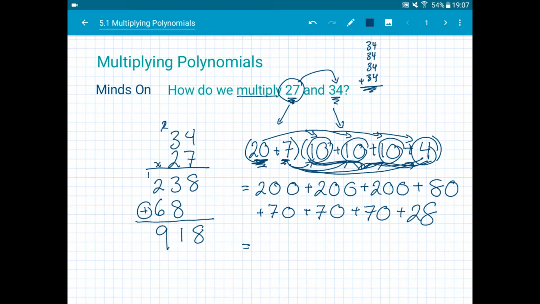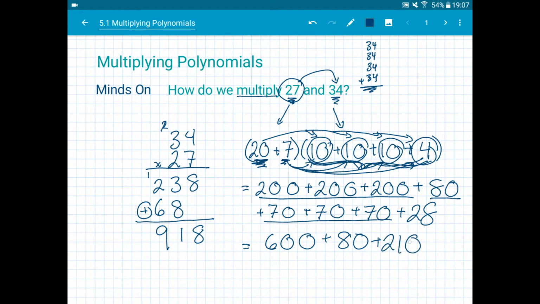Altogether now we have 600 here, plus 80 here, plus that's going to make 210, plus this 28. So now 600 plus 210 makes 810, plus another 80 makes 890, plus 28 makes 918. So you can see we end up with the same thing.